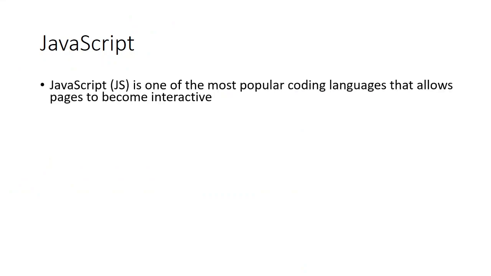So the next part talks about JavaScript. What's JavaScript? JavaScript is one of the most popular coding languages in the world, and it allows pages to become interactive. If HTML is used to create the website structure and content, JavaScript is used to control the functionality of the web page. Without JavaScript, a page would not have interactive elements and would always be static.